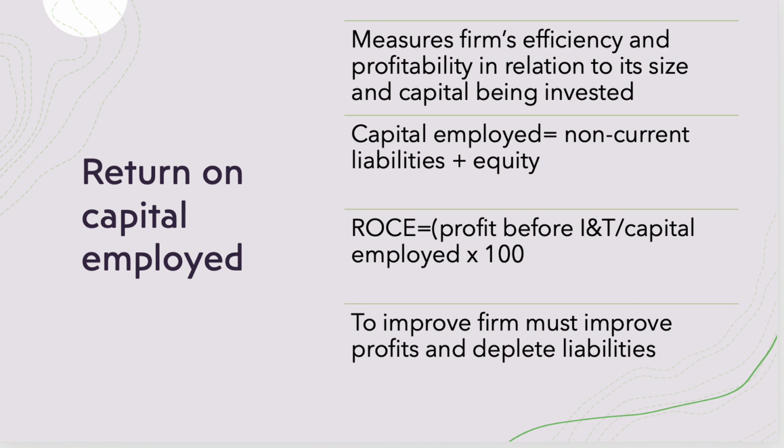And in order to get return on capital employed, you must do profit before interest and taxes divided by capital employed times all that by 100. To improve return on capital employed, a firm must improve profits and deplete as many liabilities as possible.